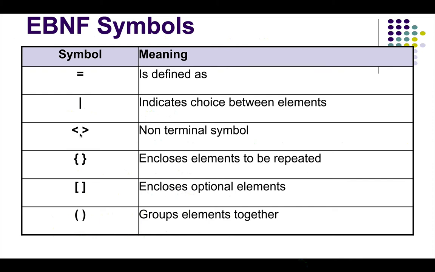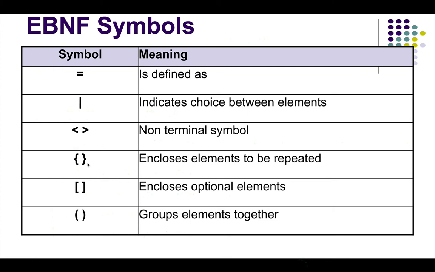If there is a greater than or less than encapsulating something, that means you have to have that thing. Yeah, it's a terminal symbol. If you have non-terminal symbol. If you have squiggly brackets, that means whatever's in the brackets can be repeated. Yeah? If you have these square brackets, that means optional. And just normal brackets group things together.